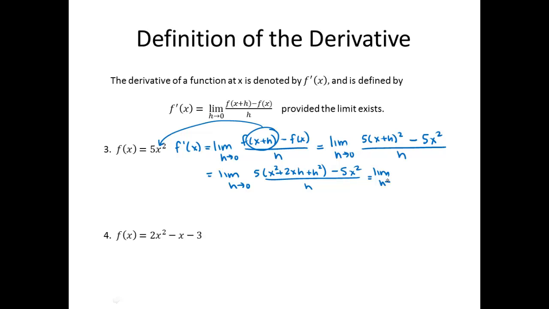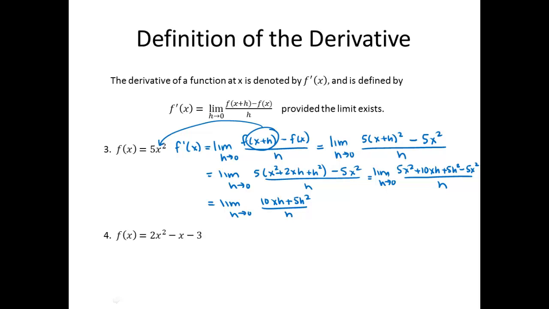The limit as h goes to 0, 5x squared plus 10xh plus 5h squared minus 5x squared all over h. In the next step, my 5x squareds will cancel. The limit as h goes to 0 of 10xh plus 5h squared all over h.